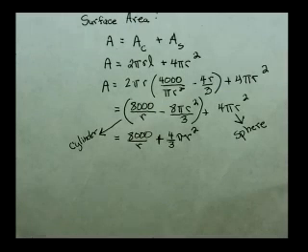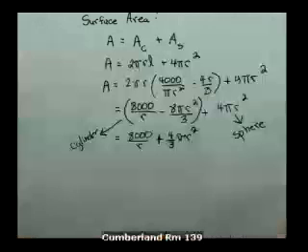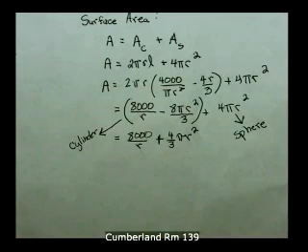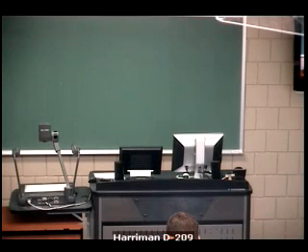Set them equal to each other. Multiply that. 4 pi r squared equals 2. Harriman, I hear somebody thinking, but I can't tell what you're saying. Speak a little bit louder and let me hear your idea. Can you do 4 pi r squared equals 2 whatever in the parentheses?